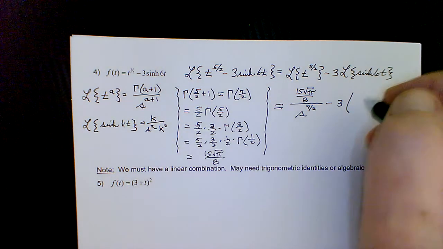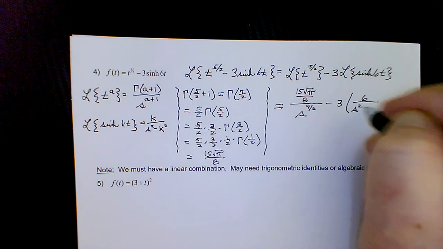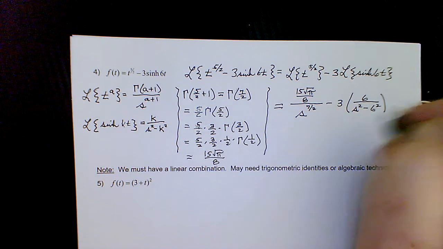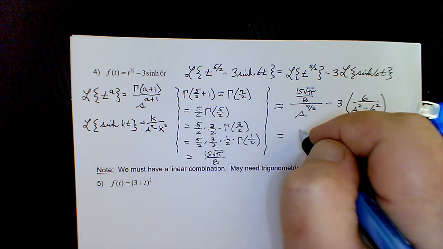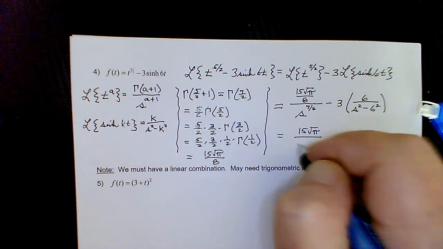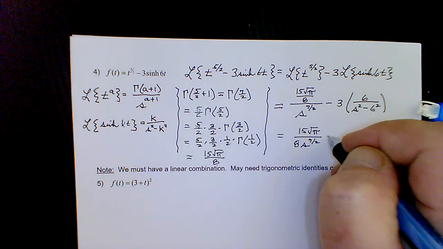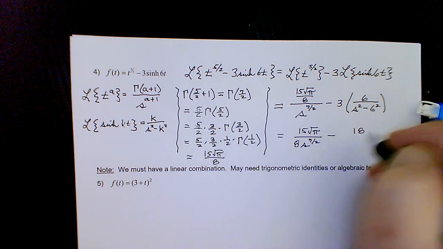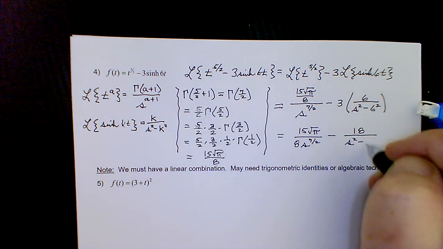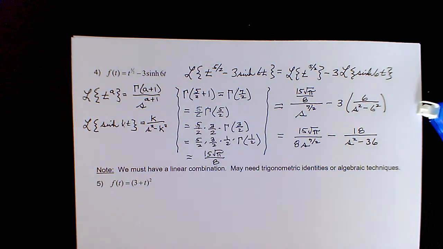K is 6, so 6 over s squared minus 6 squared. And of course you could have squared the 6 right away. So 15 square root of pi over 8 s to the 7 halves, and then we'll make this minus 18 over s squared minus, make sure you square that number, s squared minus 36.